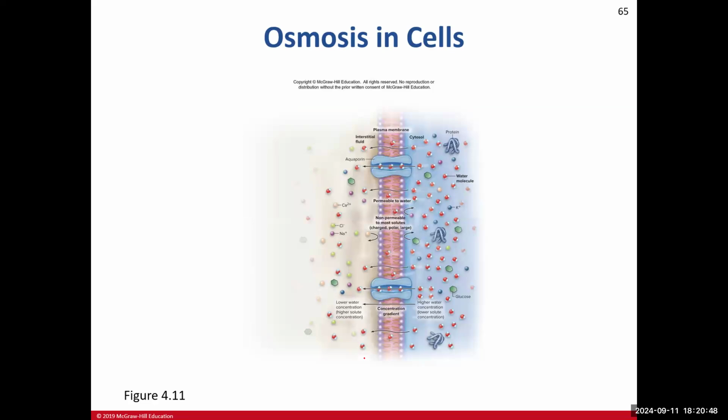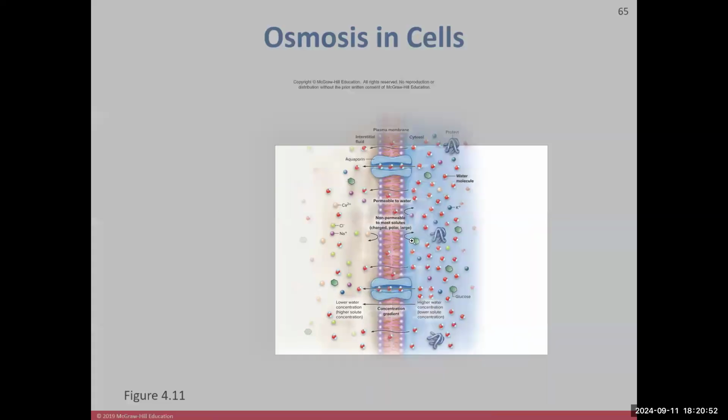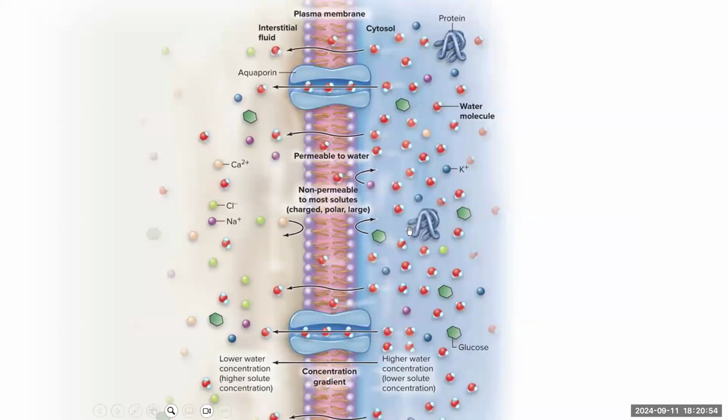All right, so when we're looking here at our cell, there's a lot on this slide. I'm going to zoom in on it a little bit. This is what we're going to see with the movement of water in and out of a cell. First of all, let's establish what we're looking at here. Here's the plasma membrane, our selectively or semi-permeable membrane. This is the outside of the cell, the interstitial fluid.